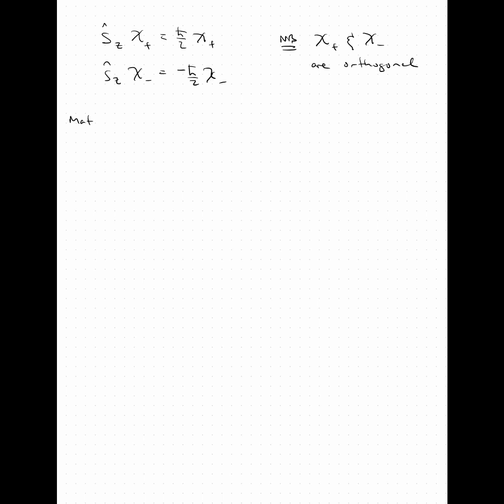And the matrix Sz is represented as chi plus Sz chi plus in the first row, first column, chi plus Sz chi minus in the first row, second column, chi minus Sz chi plus, and the minus minus entry along the second row, second column.